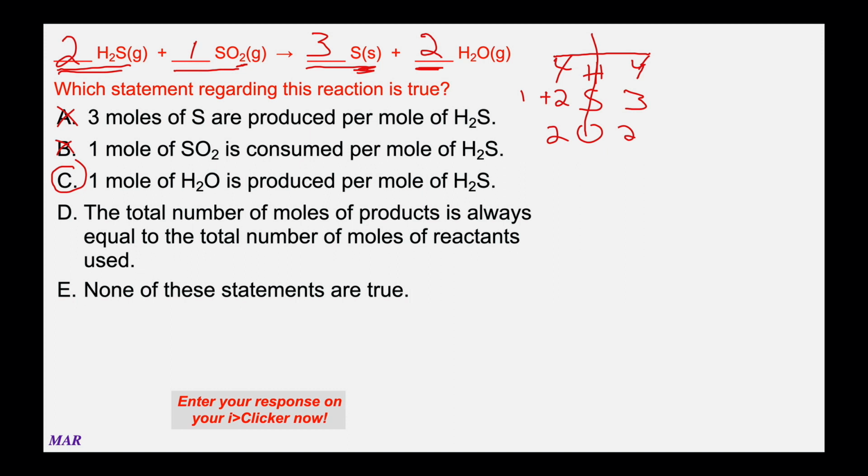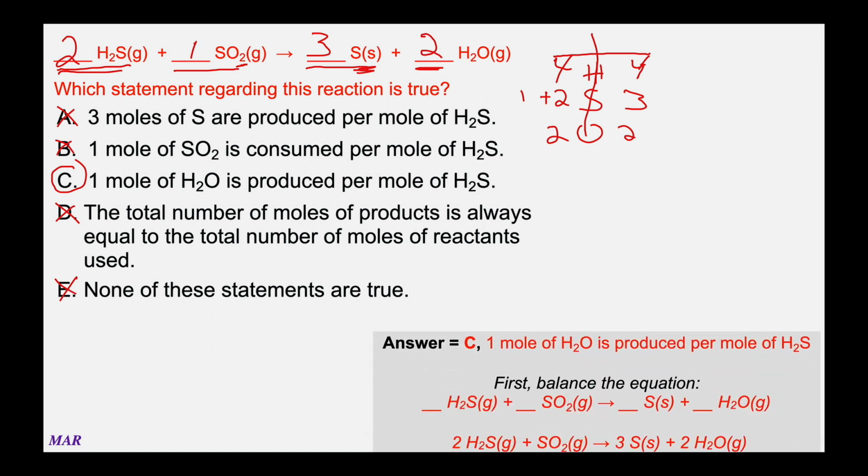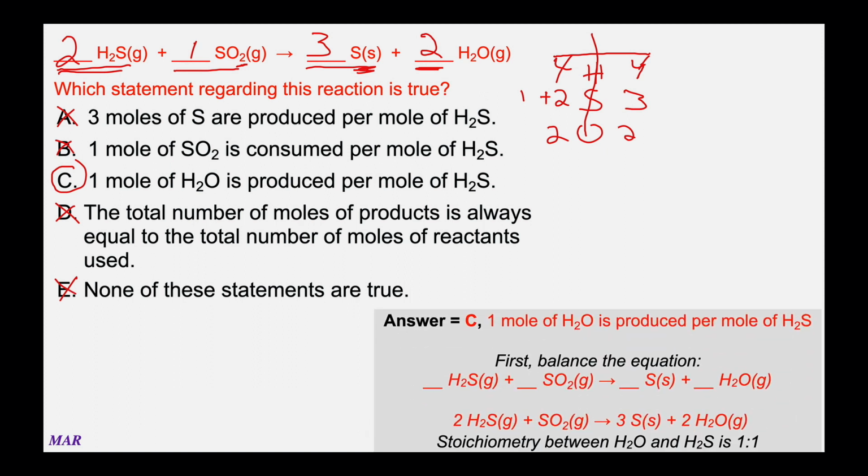So 3 moles of reactants obviously is not 5 moles of products. The moles of atoms will be the same, but the stoichiometries on the reactant side are not equal to the stoichiometries on the product side. So answer D is not right. Answer E is not right. I think answer C is going to be right, and it is.